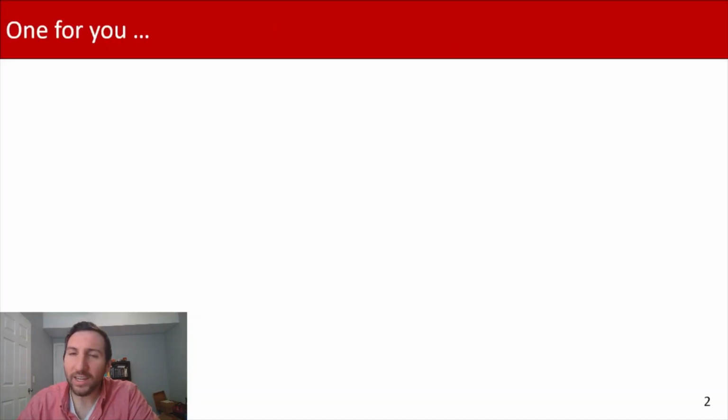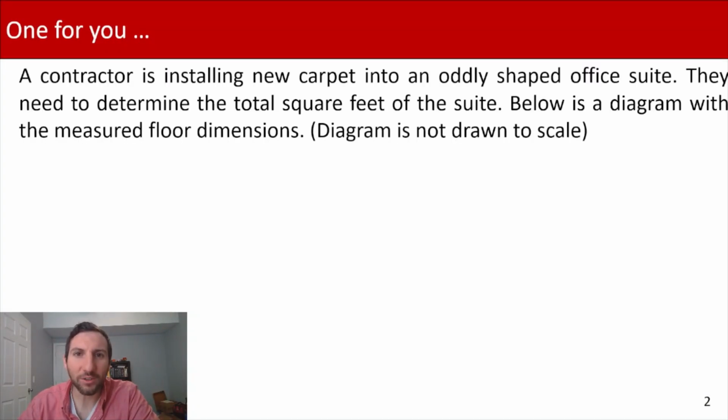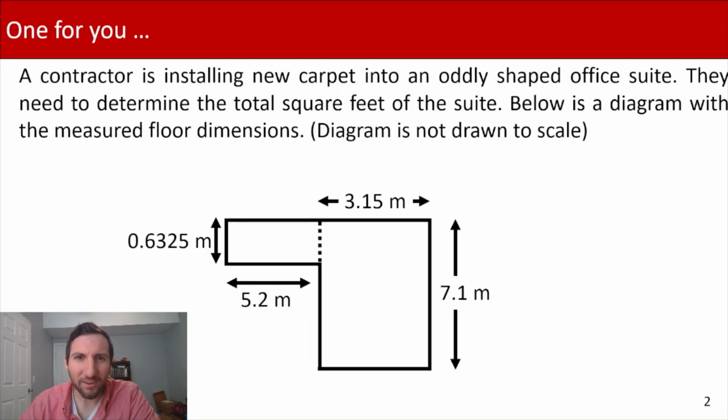So in today's problem, we have a contractor who is installing new carpet in an oddly shaped office suite. They need to determine the total square feet of the suite, and below is a diagram with the measured floor dimensions. Now, beware with this diagram, it is not drawn to scale.